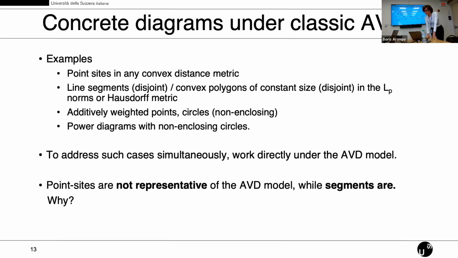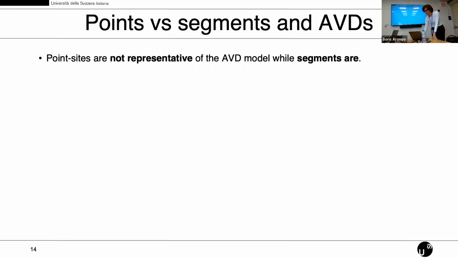Okay, but point sites are not very representative of the AVD model. Of course, they belong in the AVD model, but segments are, and let's see why points are not exactly representative of such Voronoi diagrams.